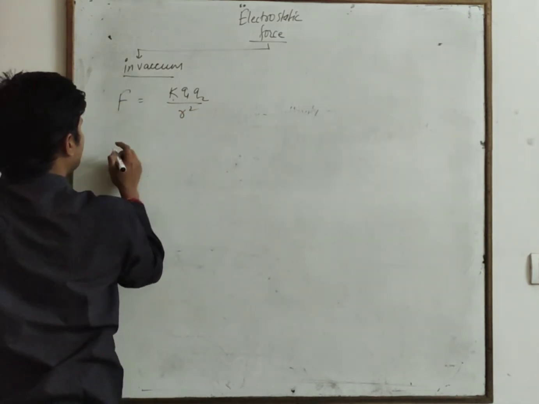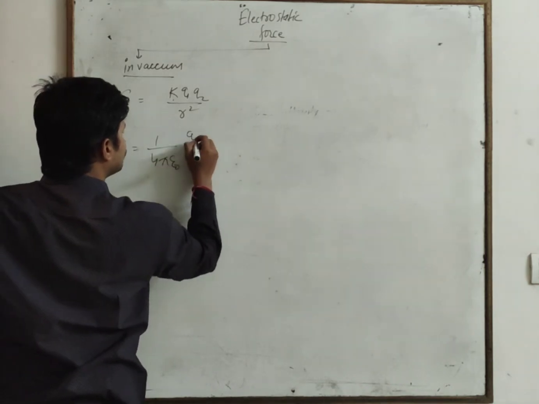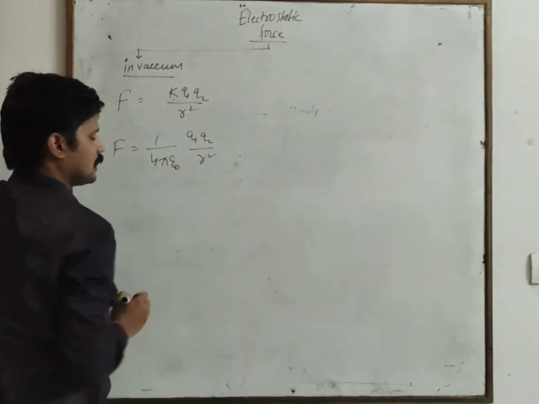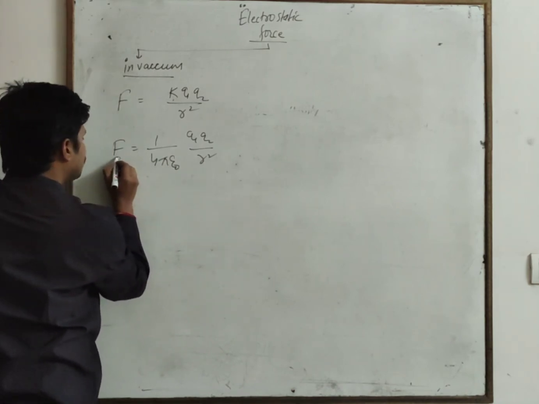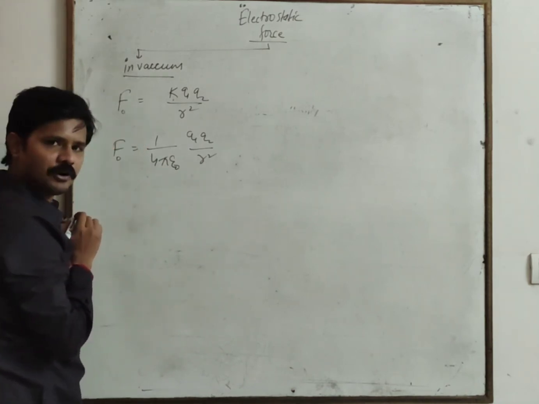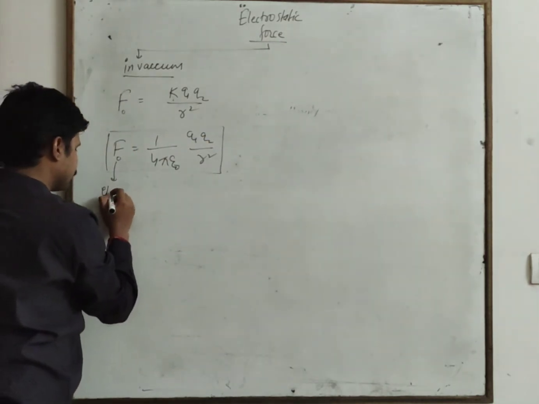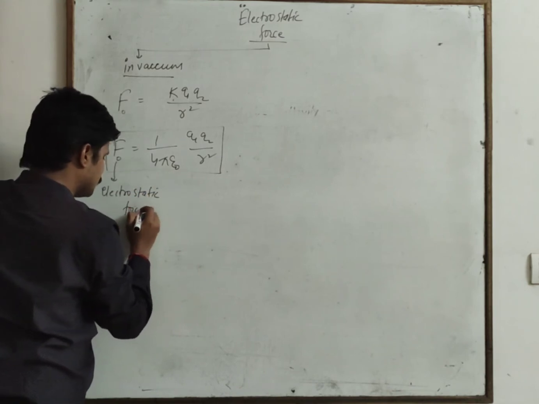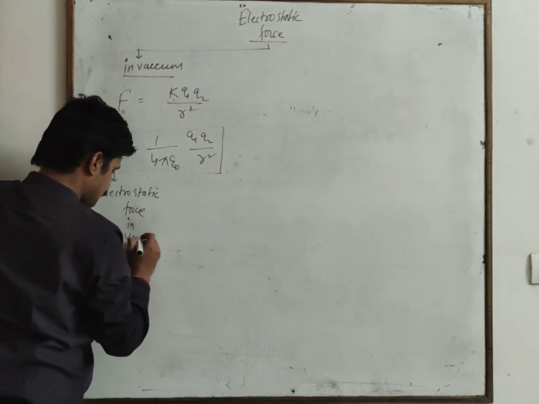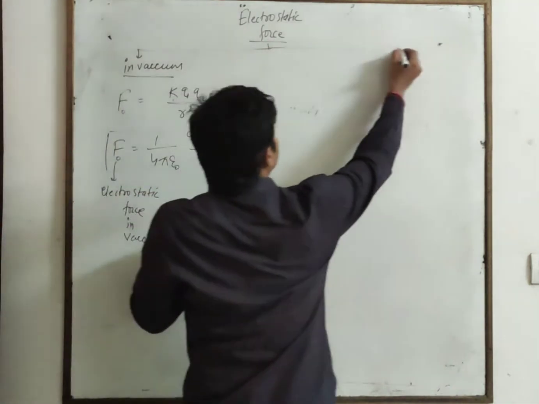In vacuum the value of K is 1 upon 4 pi epsilon naught, so force is 1 upon 4 pi epsilon naught Q1 Q2 upon R square. Then we can write F naught. F naught represents electrostatic force in vacuum.